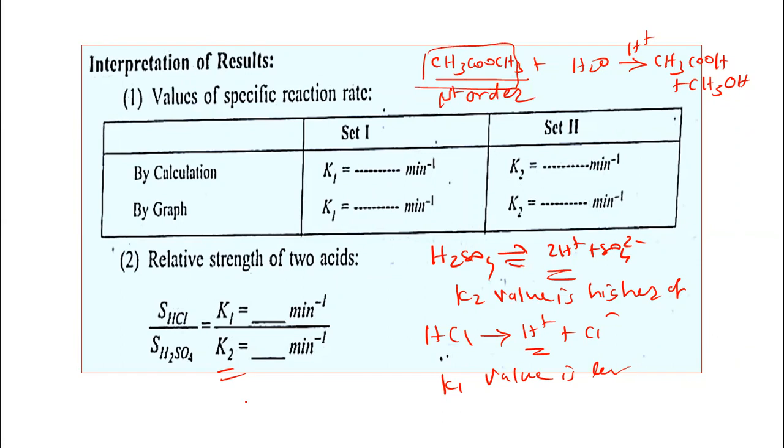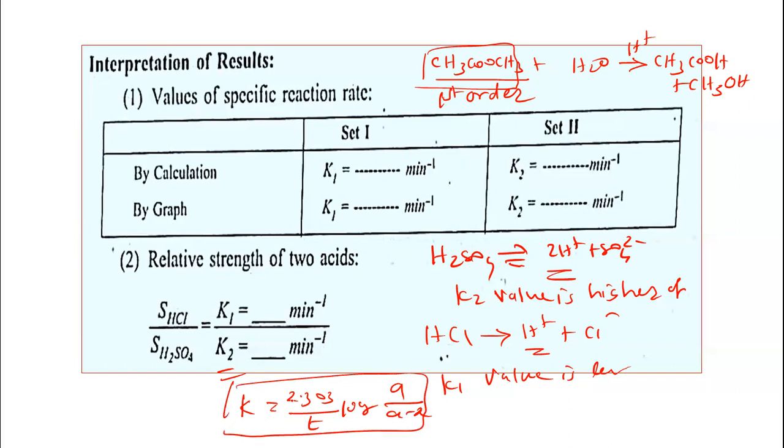So the first order equation we can use for the calculation is k equals 2.303 upon t log of a upon (a minus x). Using this equation we can calculate the rate constants K1 and K2 for both sets.